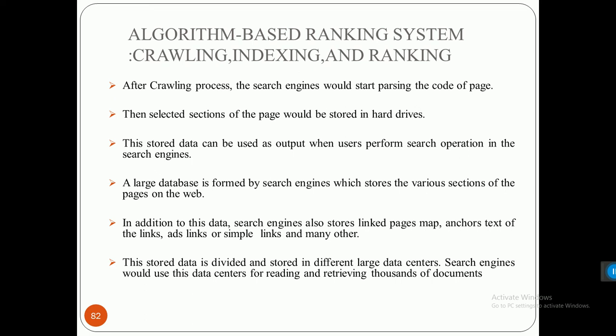In addition to this data, the search engine also stores linked pages, maps, anchor text, links, ad links, simple links, and many others. This stored data is divided across different large data centers.